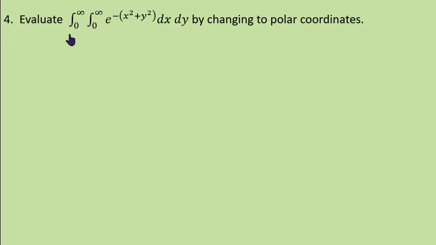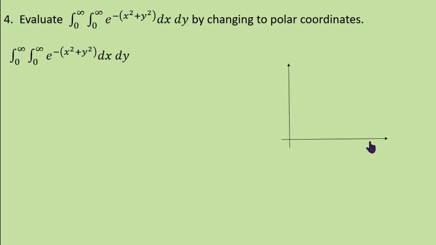In this question, evaluate the double integral from 0 to infinity of e power minus (x square plus y square) dx dy by changing to polar coordinates. Here, y is given varying from 0 to infinity, and for every y from 0 to infinity, x also varies from 0 to infinity. That means it is the first quadrant. So, in the whole first quadrant you are integrating.